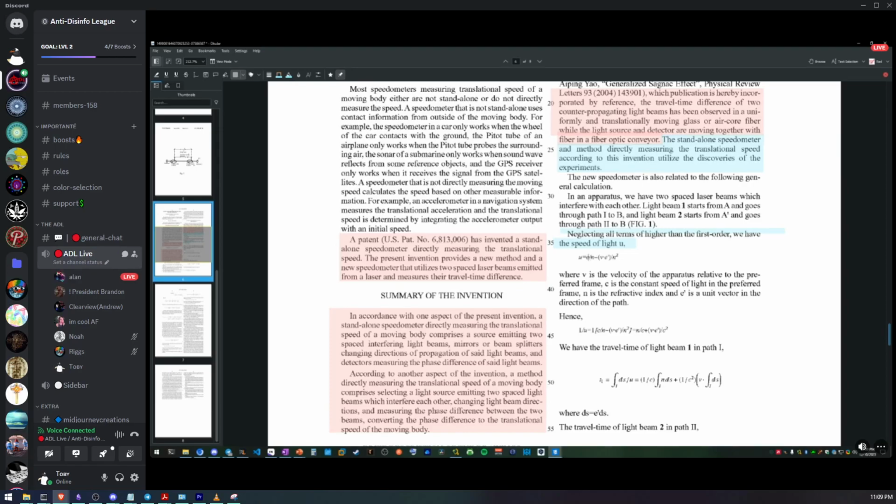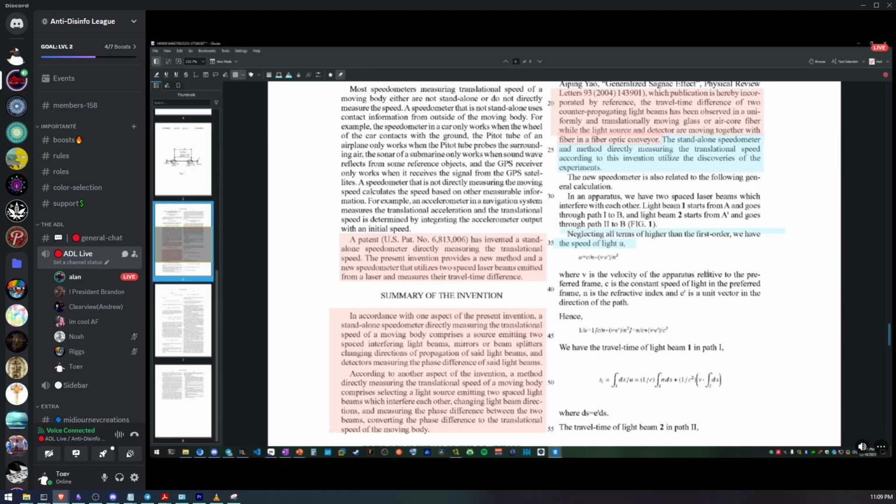No, that would be first order. So neglecting any other variables other than what's necessary to make the best approximation. So u equals c divided by n, your refractive index, minus velocity times e prime over n squared.